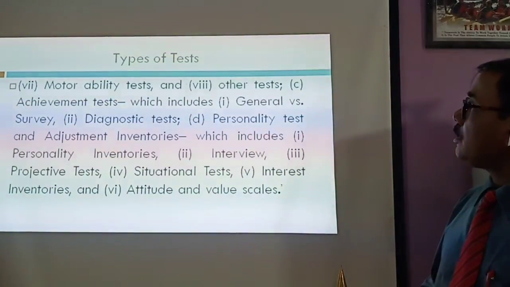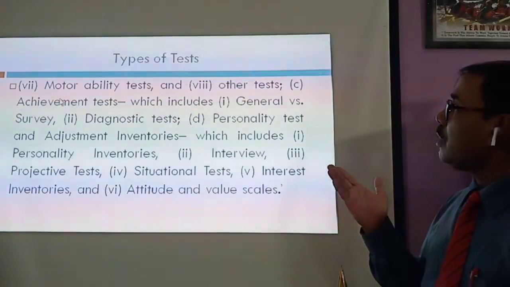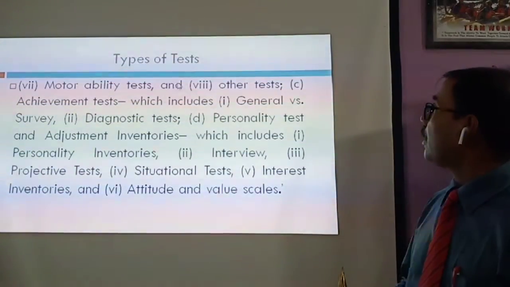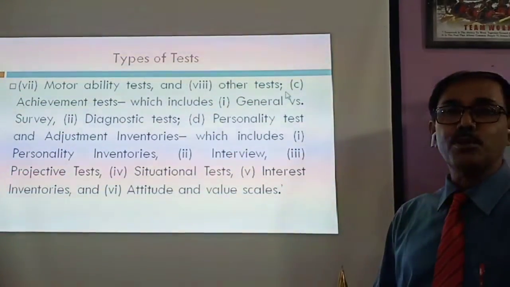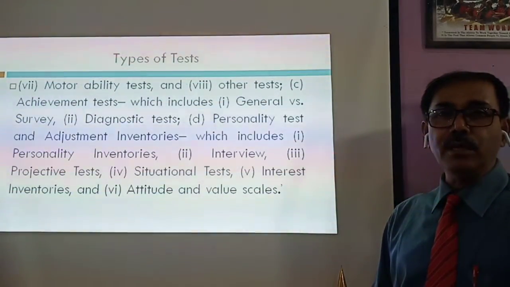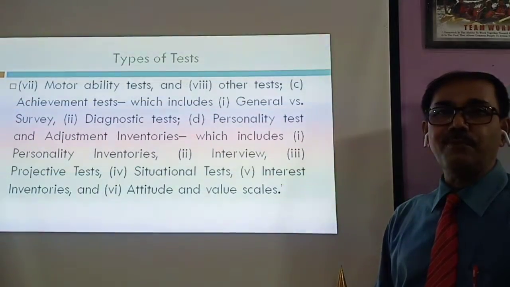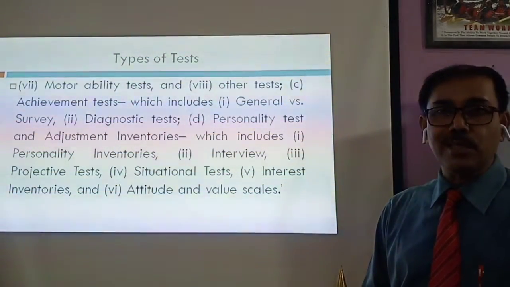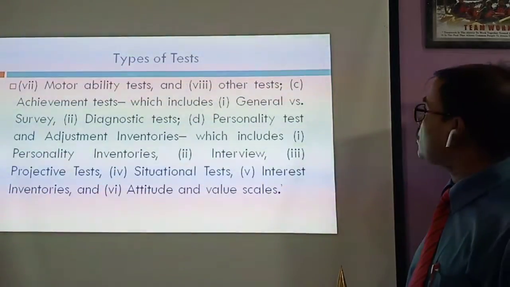Let us go back to the next. Next, 6, motor ability test, means the capability of movement. Then other tests are also there, which are day by day developing depending on the new results of new researches in different fields, particularly in the field of psychology or educational studies, as well as in the field of social studies.